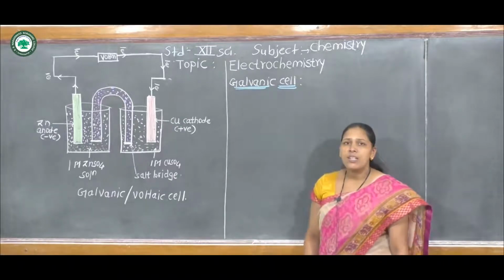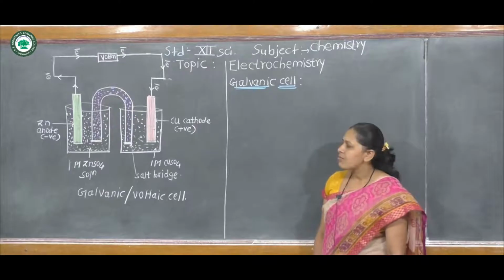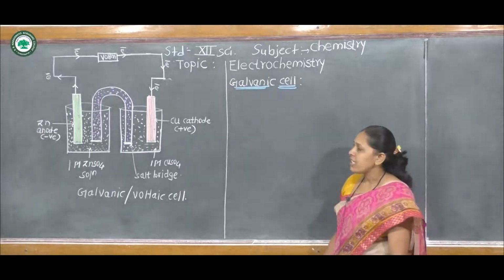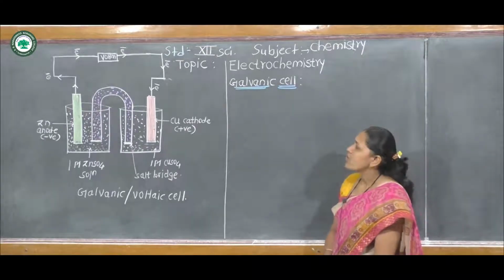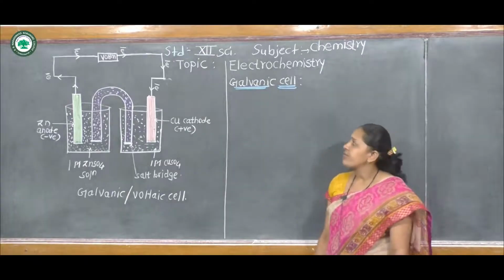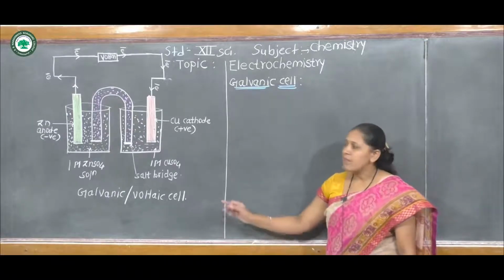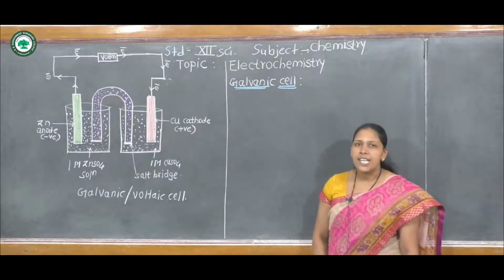What is meant by a salt bridge? What are the functions of a salt bridge? We will discuss in detail in the next point. First of all, this is the outline of a galvanic cell. This is one example of a galvanic cell, that is the Daniell cell.